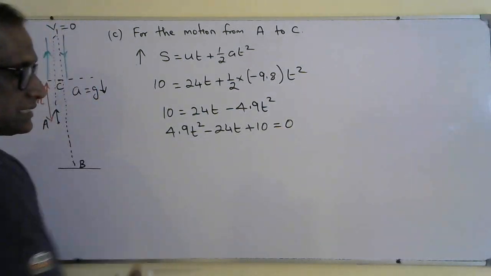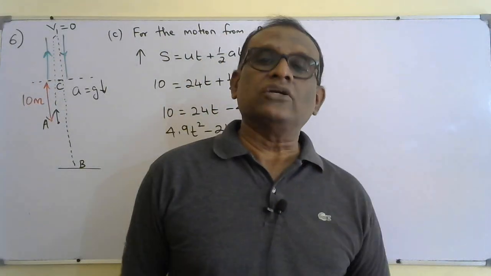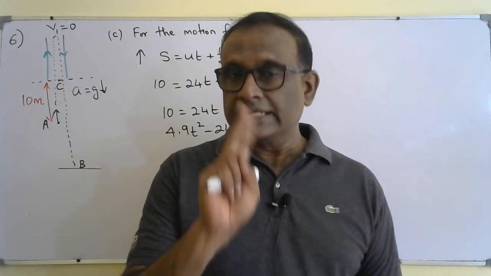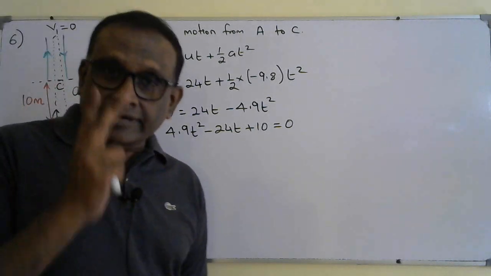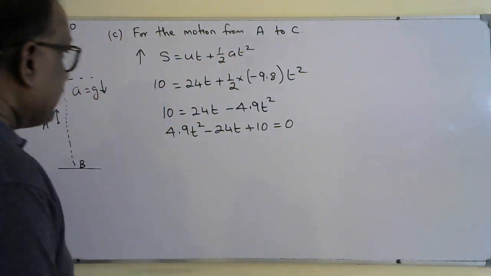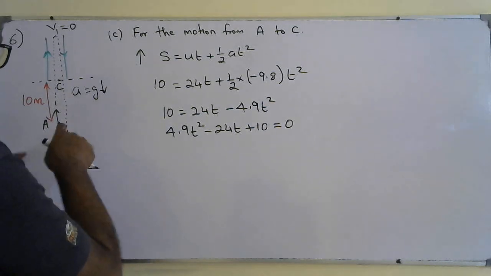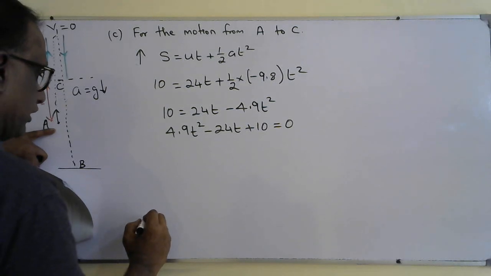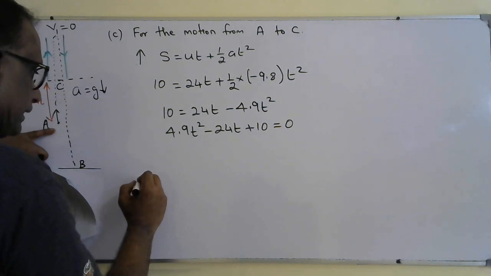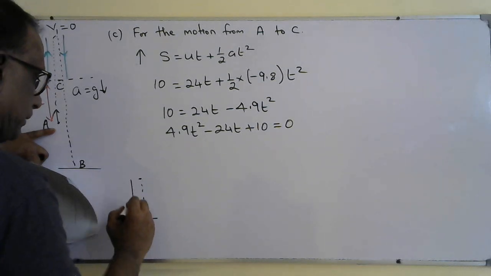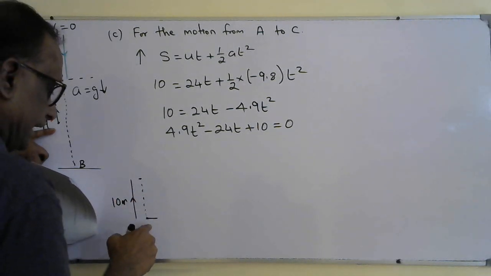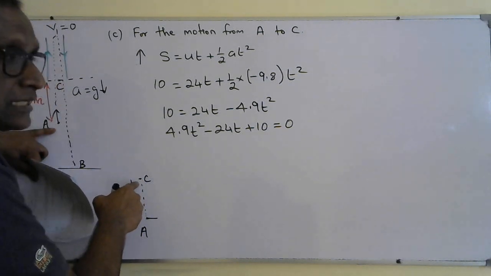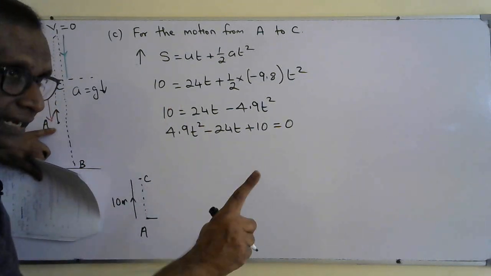Now when you solve this, you'll get two real positive values for the time. What do you mean by two real values for time? I told S is the displacement. So when the ball is moving from A to the highest point, it will pass point C, which is 10 meters above A. So when it's moving up, once it passes the point C, we get one real time.